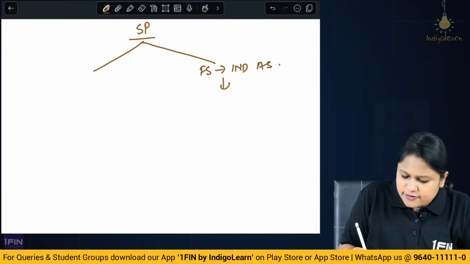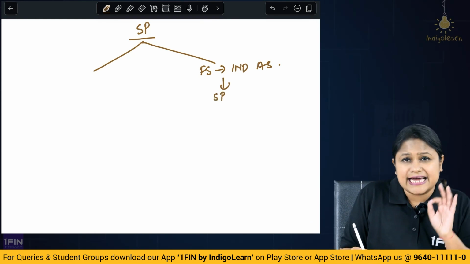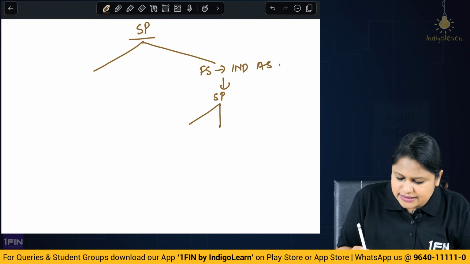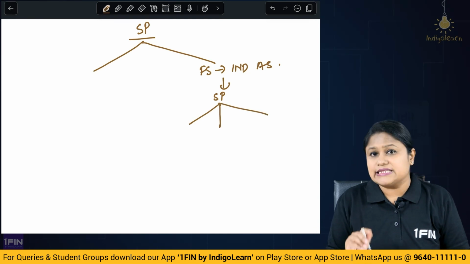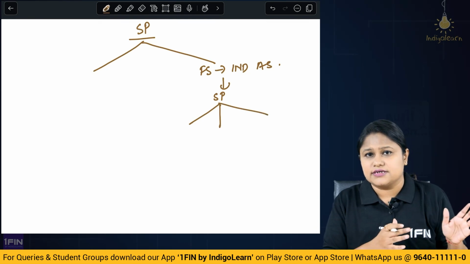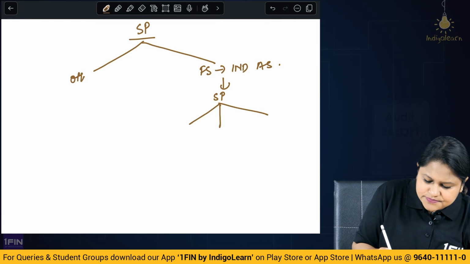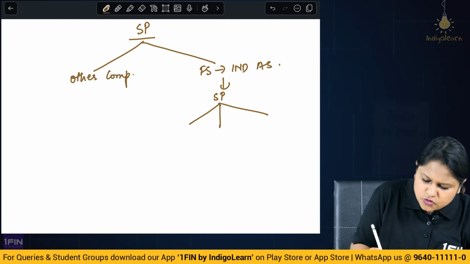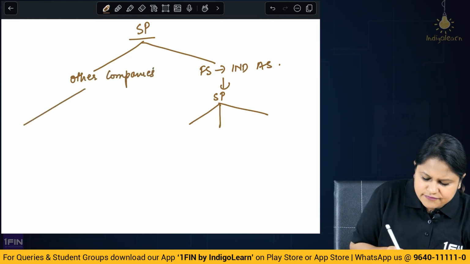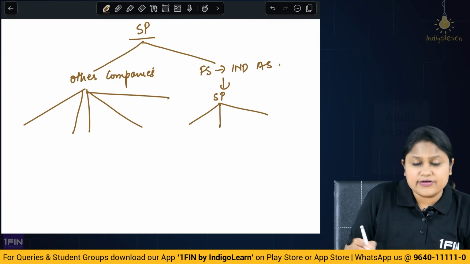For them, securities premium can be utilized only for 3 things. These 3 things are not different from all the others. See, all the other companies, for them we have studied 5. What are the 5?